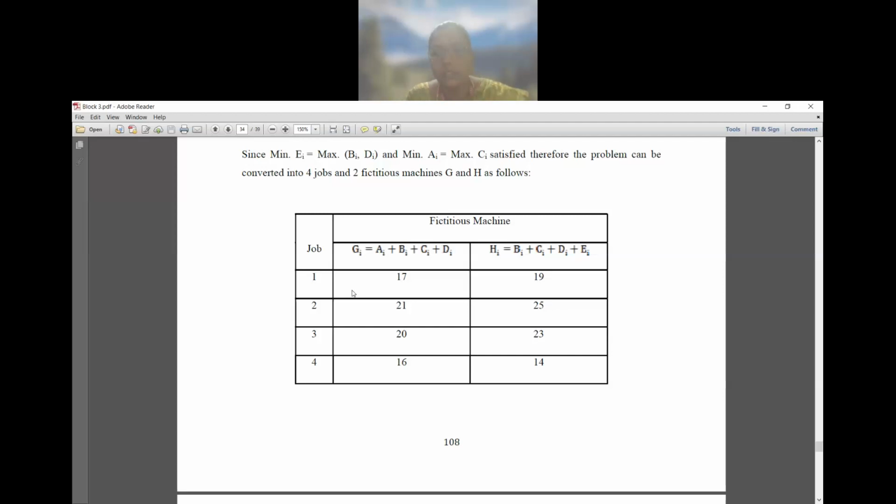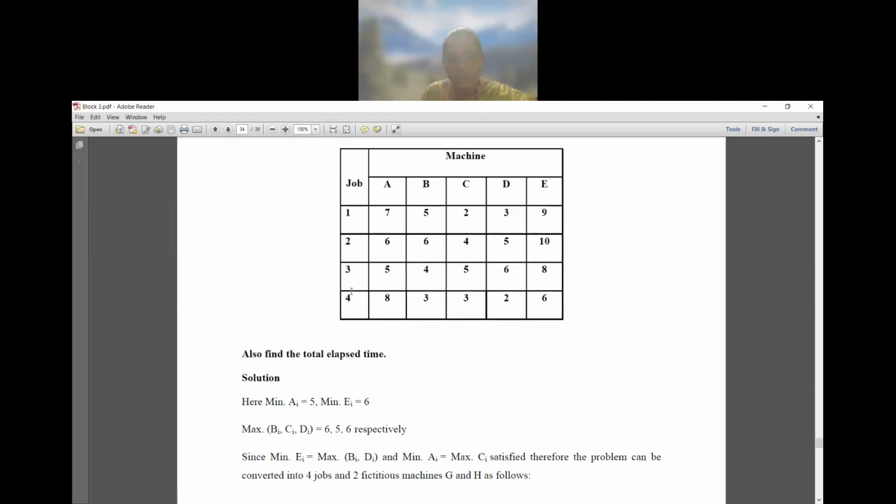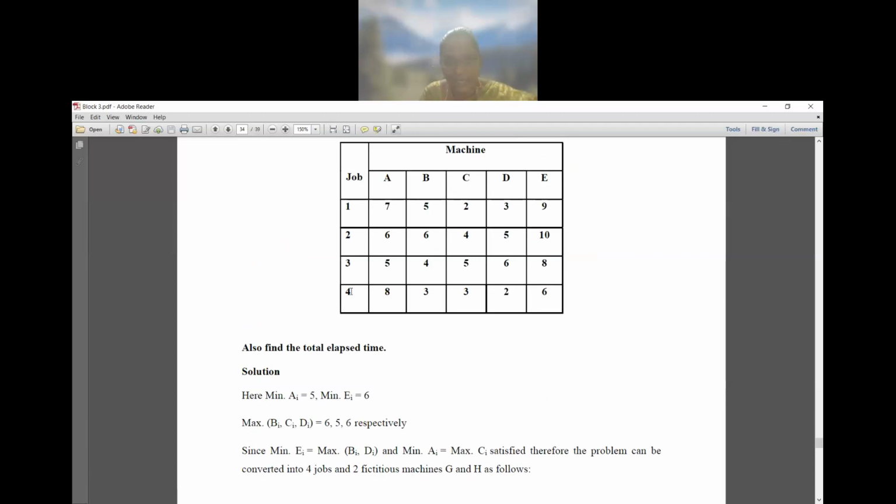So for the first job, 1, G is replaced by 7 plus 5 plus 2 plus 3.